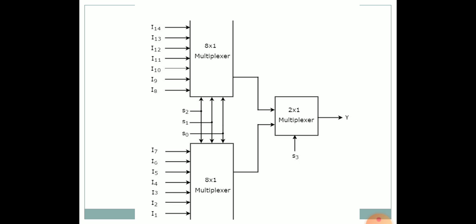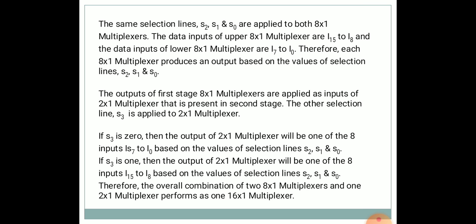These form the input for the two 8 cross 1 multiplexers. Therefore, each 8 cross 1 multiplexer produces an output based on the values of selection lines S2, S1 and S0.